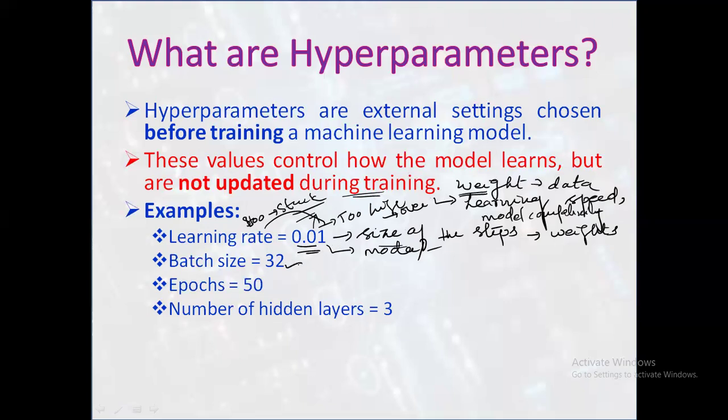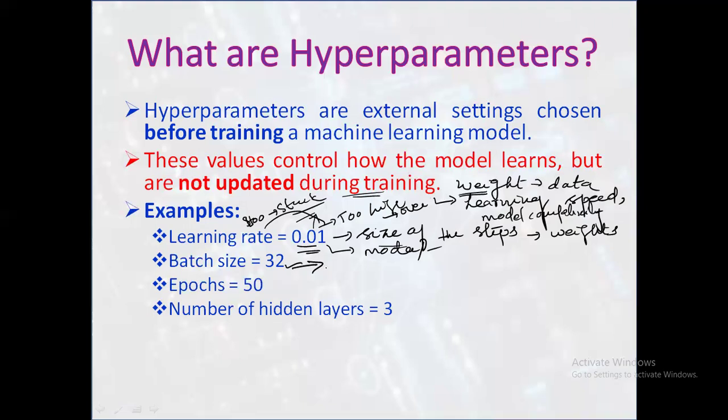Next, batch size. Here we have taken it as 32. Batch size refers to the number of samples processed before the model's weights are updated. Smaller batch sizes tend to generalize better but train slower, while larger ones are computationally efficient.